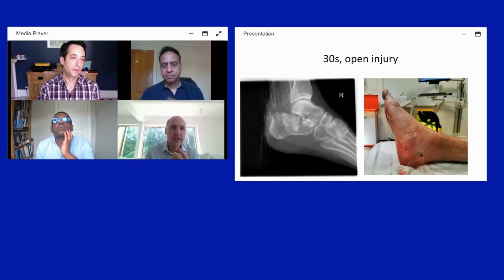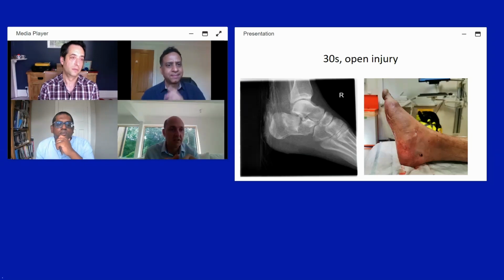So you're moving the posterior facet fragment, but with a large amount of cancellous bone. You want to lift it with as much bone as possible, so that you've got, as you say, something to fix. So I've added that as an adjunct.